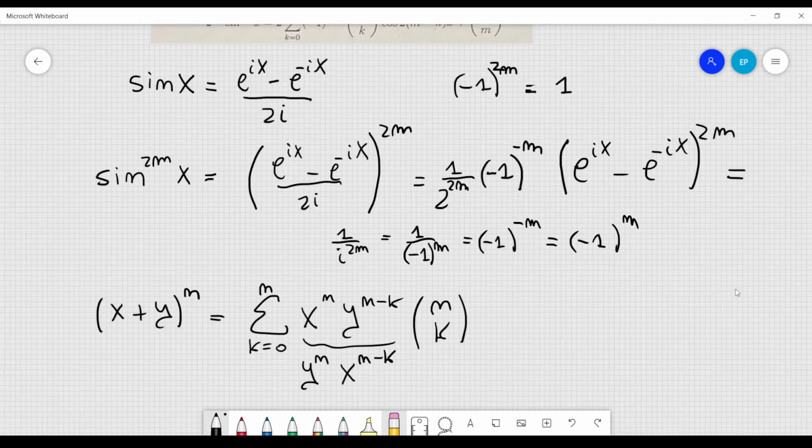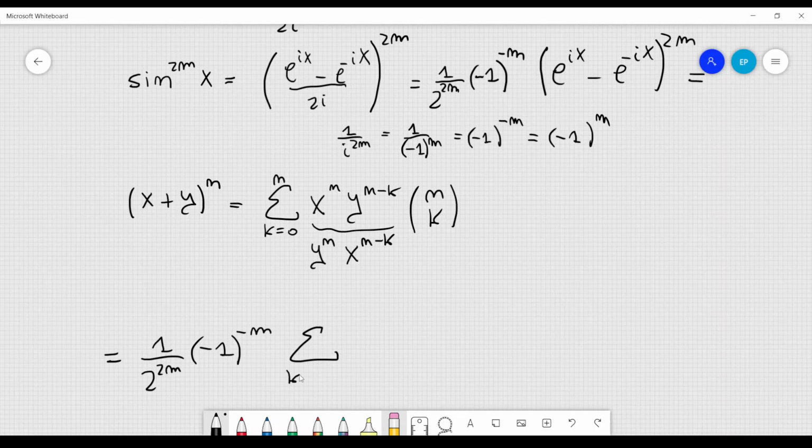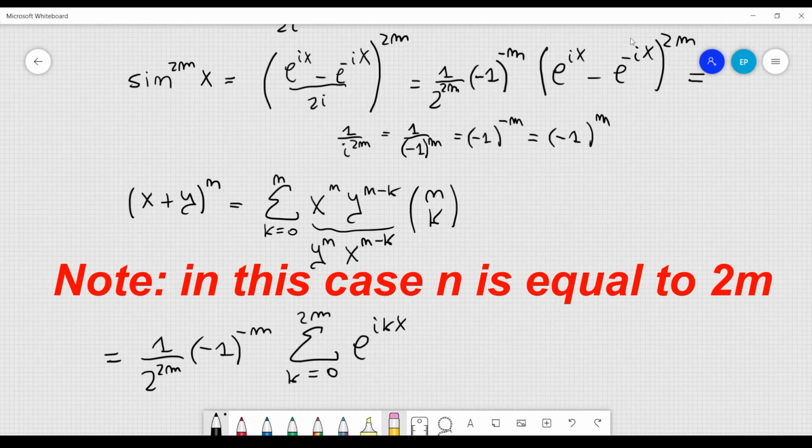This is equal to, let me do it below, 1 over 2 to the power 2m, then I have minus 1 to the plus or minus m, let's say minus m, and then here I have the summation with the index k going from 0 to 2m, and then I have e to the ikx, so when I raise this term to the kth power, I have e to the ikx, and then I have to raise this term to the power n minus k, and let me first consider this one.